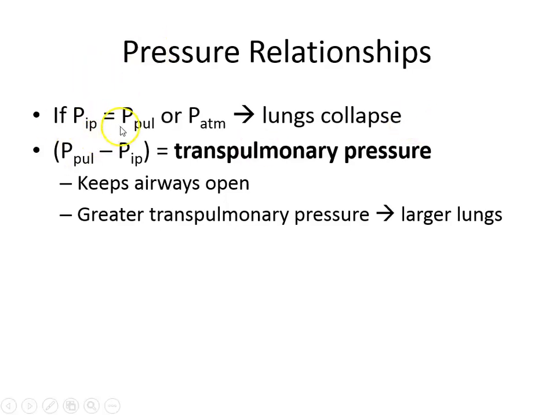And as we discussed before, if your intrapleural pressure is too high, the lungs collapse. And the difference in pressure between the pressure in your lungs and the pressure in the serous membrane is your transpulmonary pressure. If the pressure in your lungs is much greater than in your serous membrane, your lungs are bigger. It's easier for them to contract and expand.